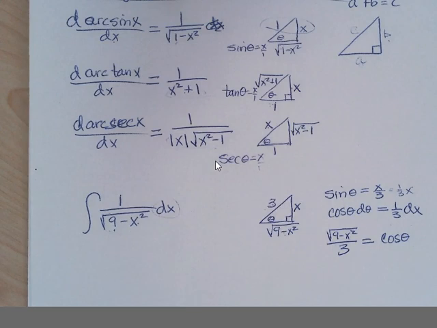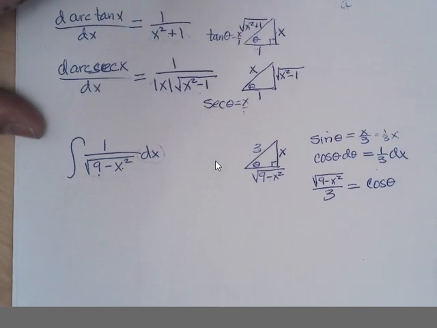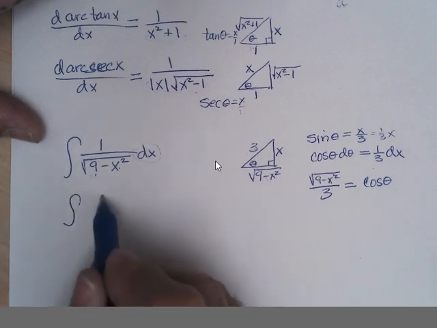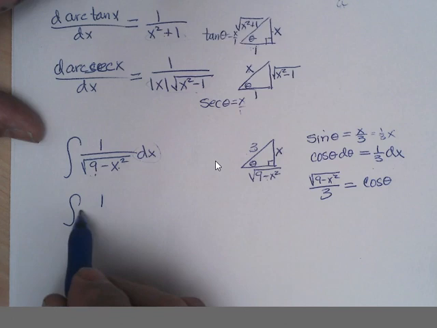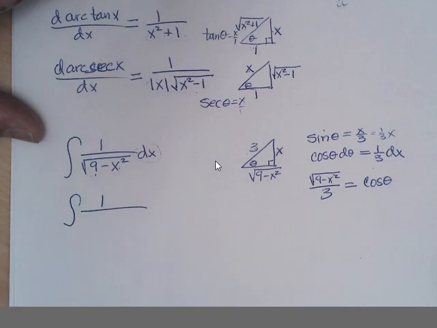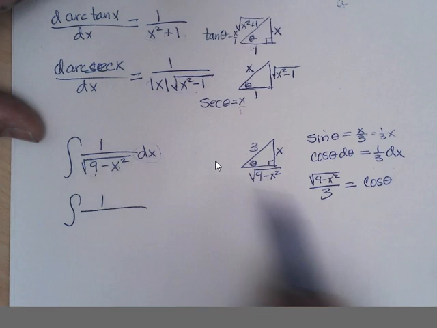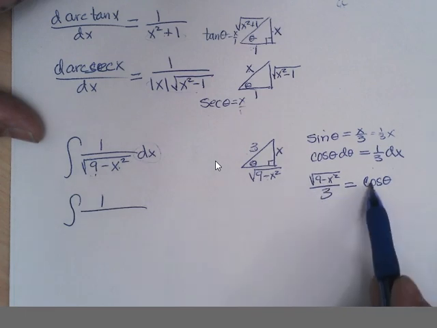I now have the tools, or the subs I need for this. So this becomes 1, or if I had a number here, I'd just pull it out. And I need to replace this square root of 9 minus x squared. That looks like it'll be 3 cosine theta.